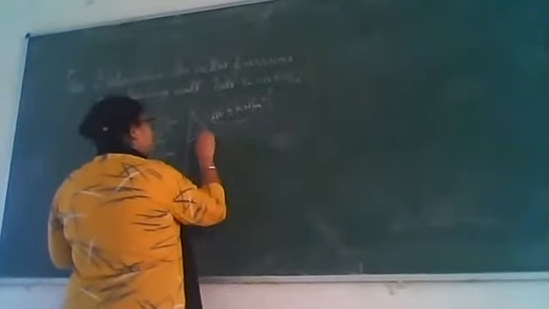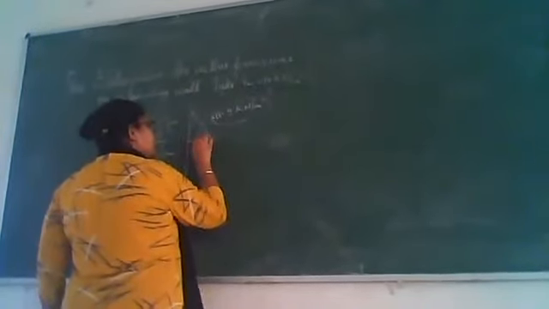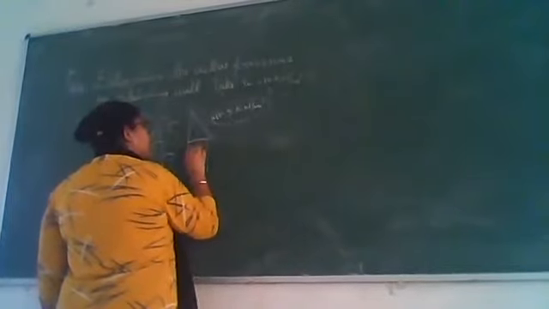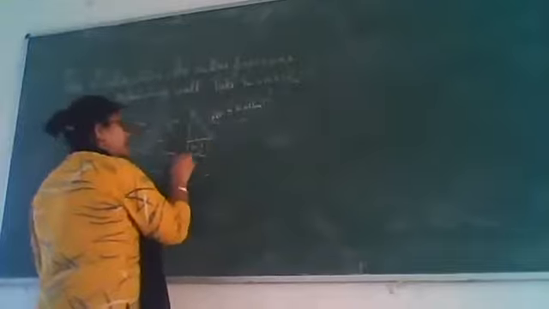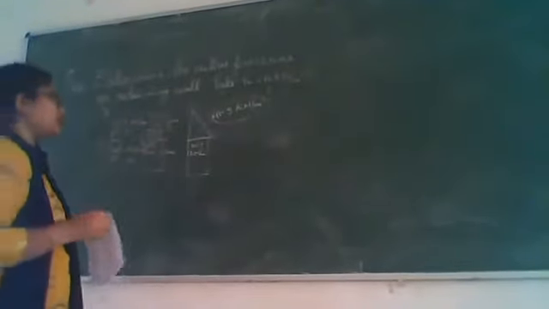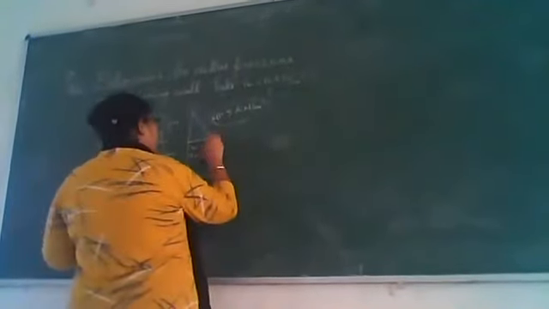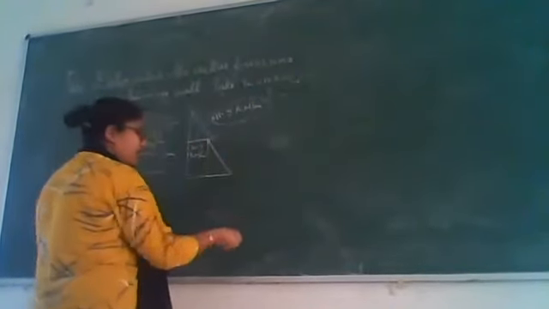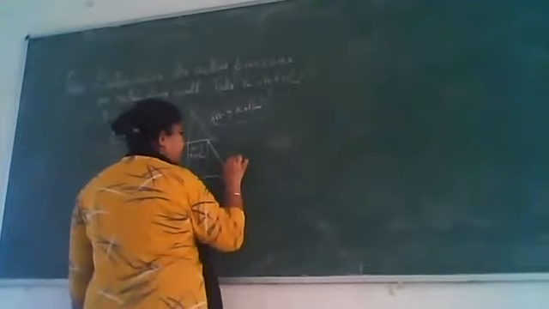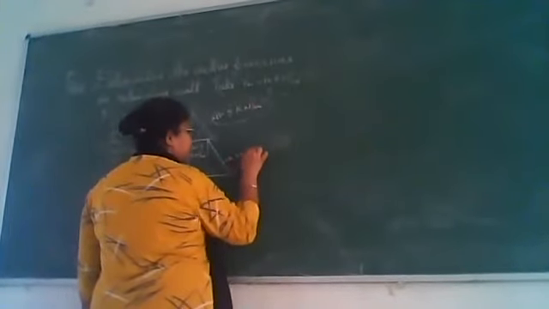Which is 10.1 kilonewton per meter square. That's why this kind of shape. Next, we have the submerged weight, which is 4.8 kilonewton per meter square.